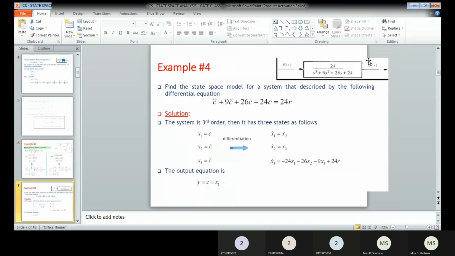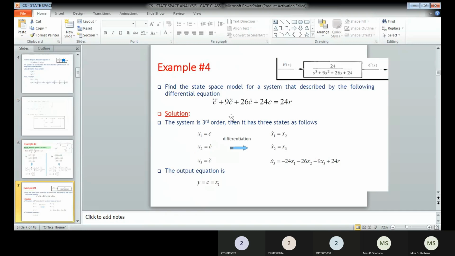Here you can see a transfer function is given. We are going to obtain the state model for this also. Whenever the equation is given like this, obtain the differential equation. The differential equation is given as c triple dot plus 9c double dot plus 26c dot plus 24c, and that is equal to 24r.